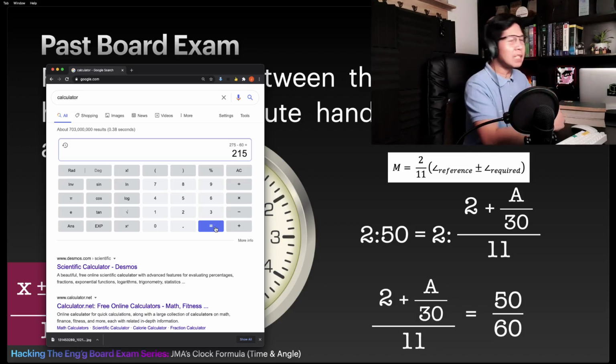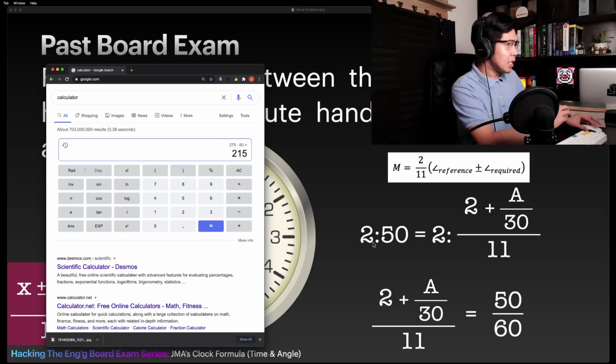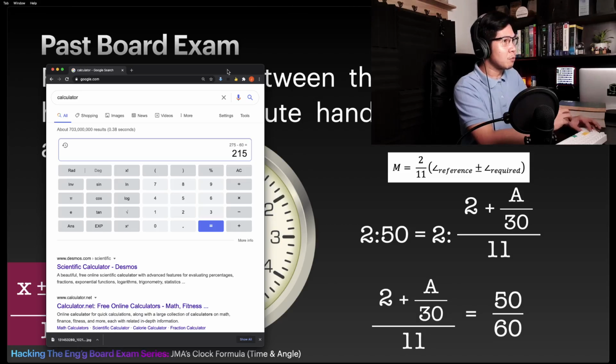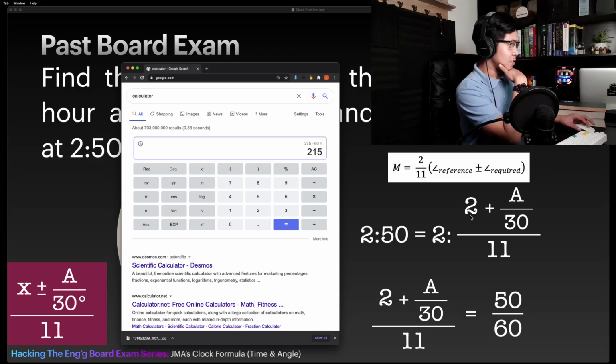Now, gamitin naman natin yung formula ang ginawa ko. So, ang time is again 2:50. Ito yon. So, 50 minutes here. So, this is 2. Kung ano yung value nung x dito is the same value here from this formula. This is x. And this is yung minute part niya. X din ito. So, plus yung unknown angle. Ito yung hinahanap, divided by 30 over 11 using this formula here.